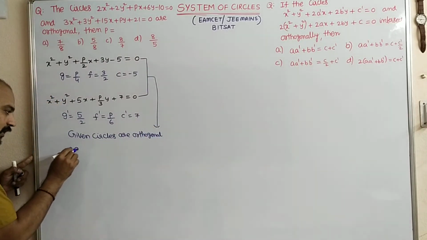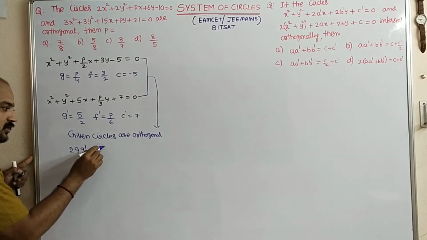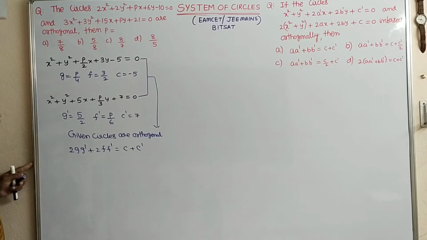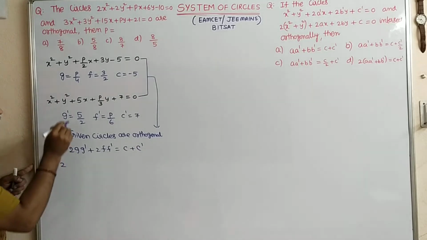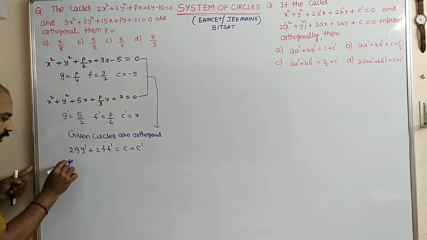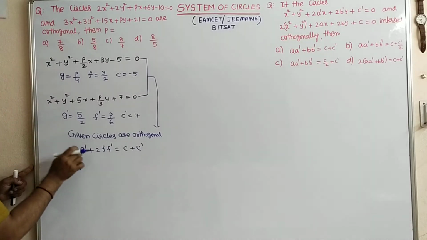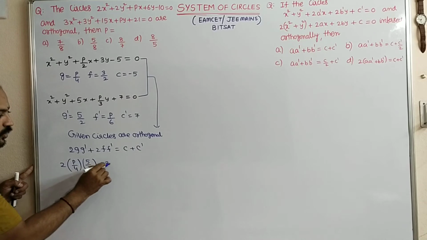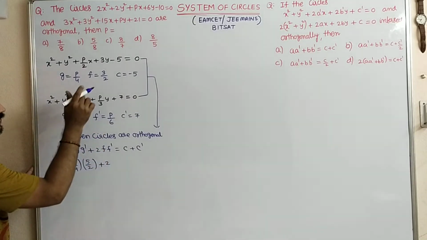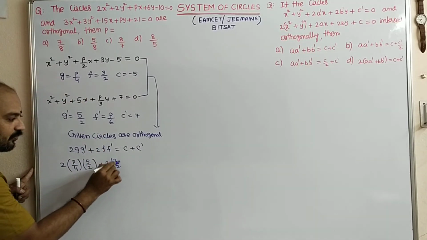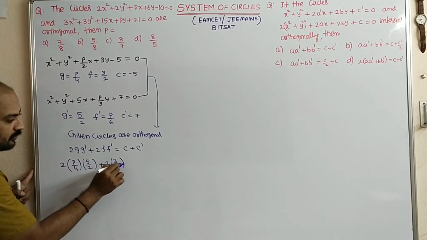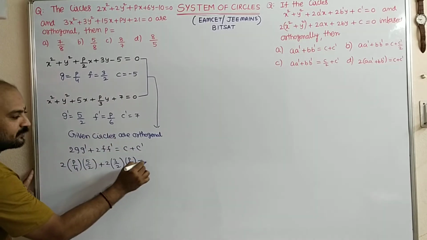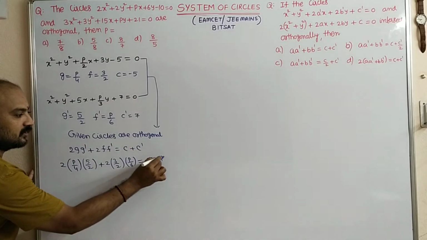So the formula you have to apply is 2gg dash plus 2ff dash is equal to c plus c dash. So 2 into g value p by 4 into g dash value 5 by 2 plus 2 into f value 3 by 2 into f dash value p by 6 equal to c plus c dash, minus 5 plus 7.